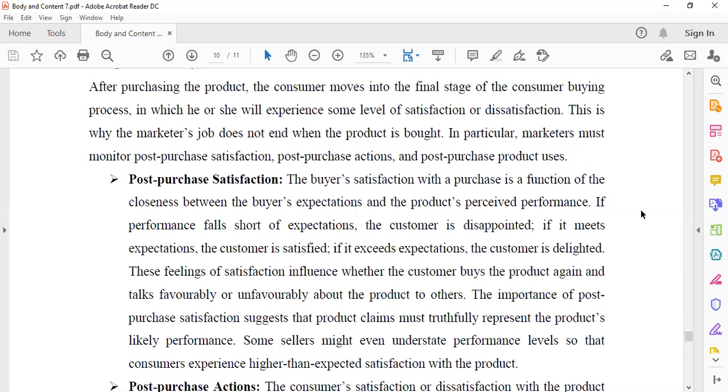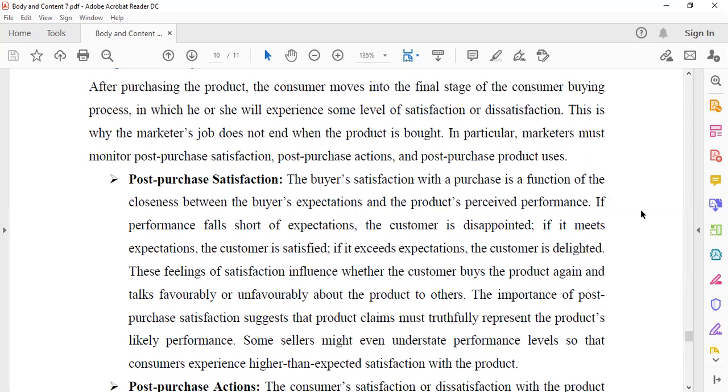So it's also important that marketers make this stage effective by helping with maybe installation, by helping with delivery, by helping with a guideline on how to make use of the product. If a product is good and is well used, it's expected that the consumer will be delighted.